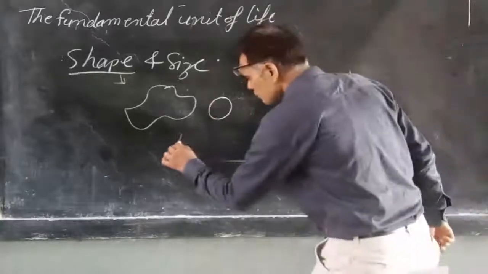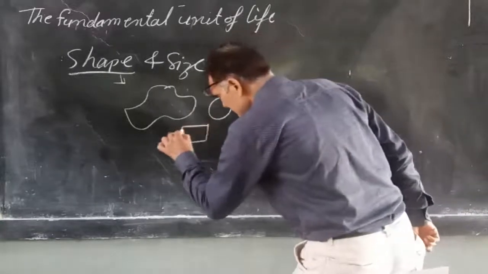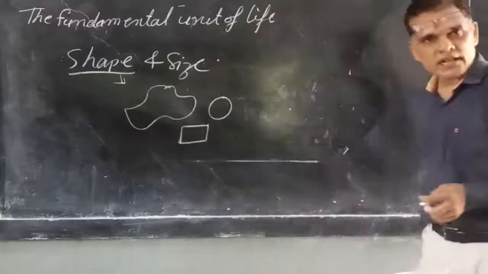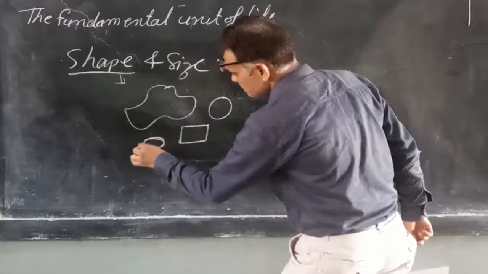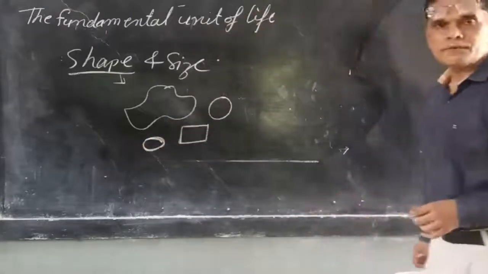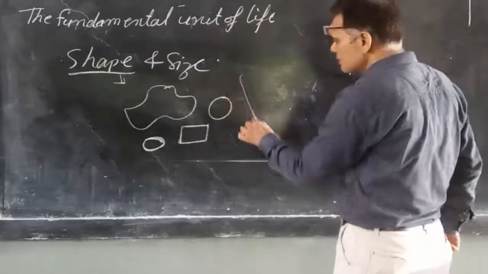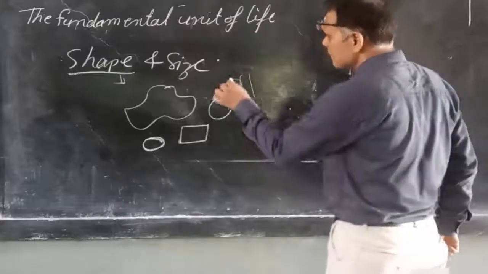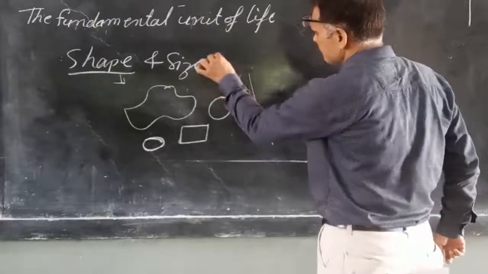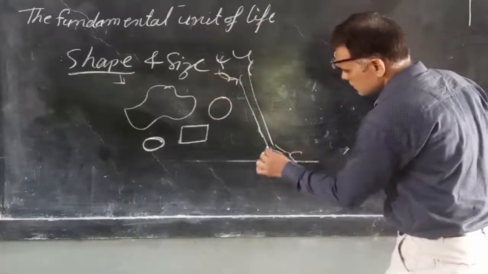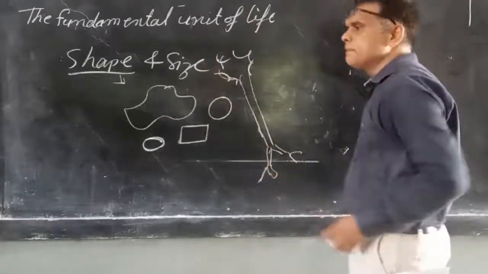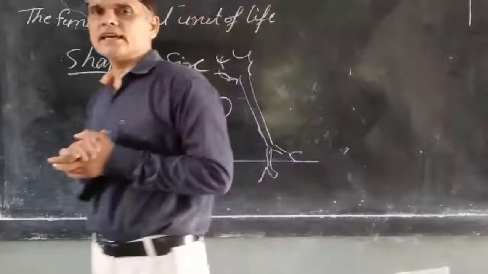Onion peel cells are rectangular in shape. Adipose cells are disc-shaped, and neuron cells are elongated cells, like this.